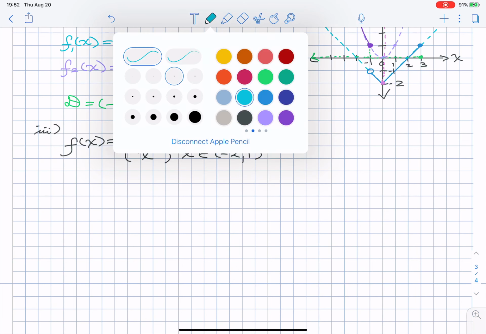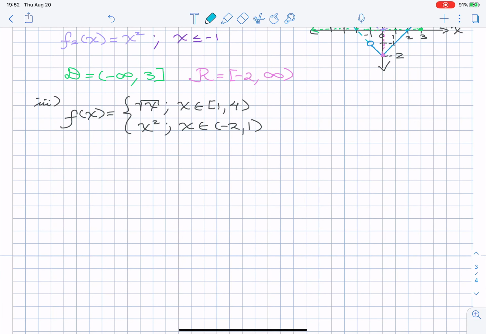So f sub 1 of x is just the square root of x, and f sub 2 of x is x squared again.